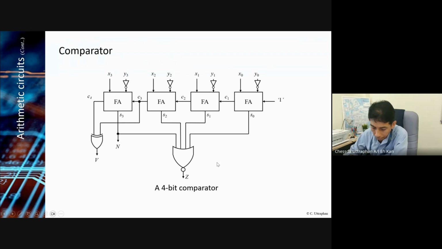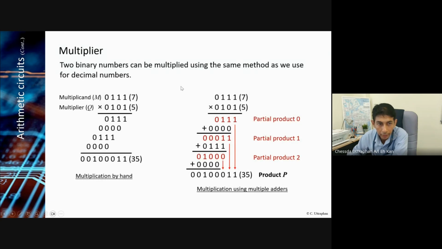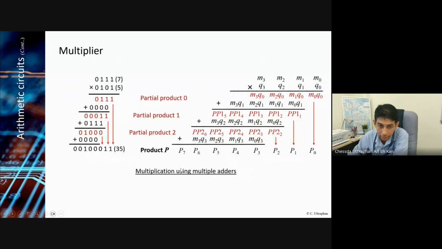So up until this, today, is enough, is sufficient for you to go to the test, because the test will be from chapter 1 until chapter 3, until the comparator arithmetic circuit. Multiplier is a lot bigger, so you can try to learn this on your own, okay?